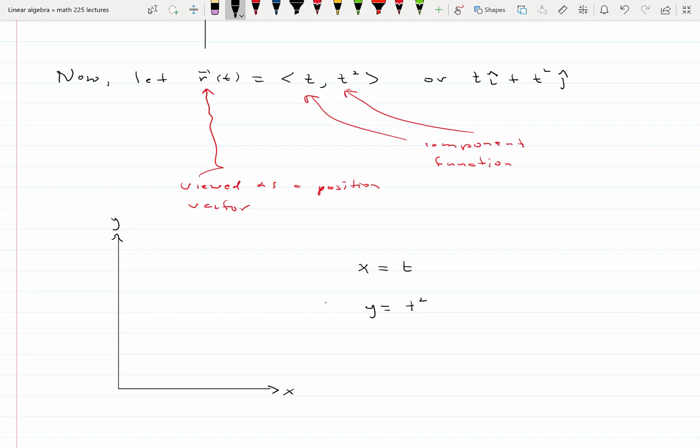Just like we did with lines, we had vector equations of lines, or we could remove the components of the vector equation of a line and form parametric equations of a line. Just like we have parametric equations of lines, we also have parametric equations that describe vector functions. So these are called parametric equations.